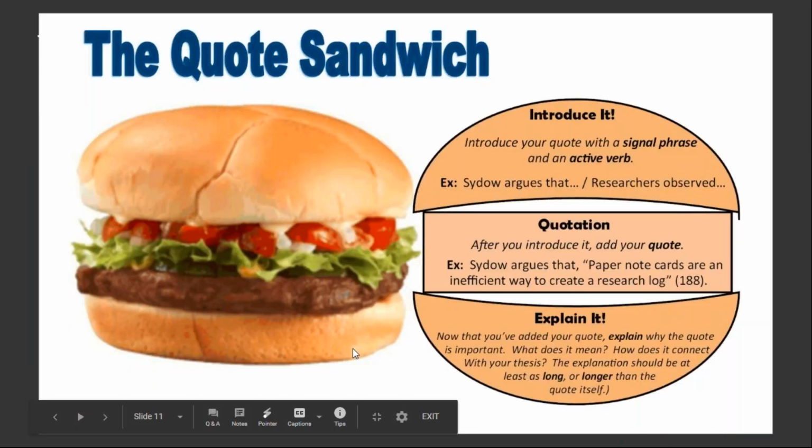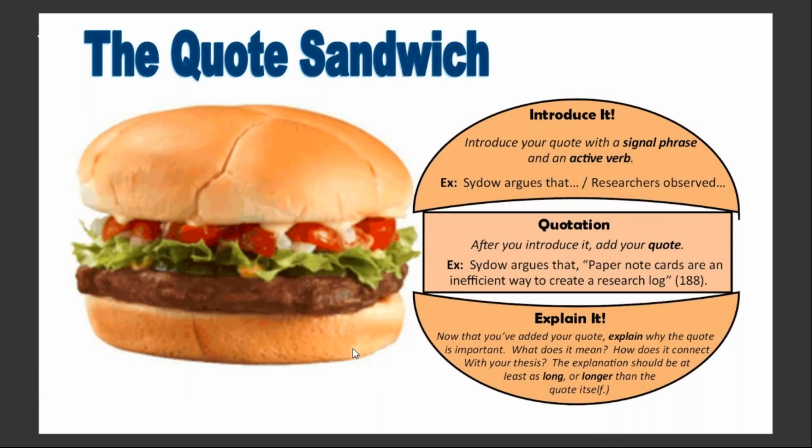All right. So another thing I like to show my students when I'm telling them how to use quotations or implement sources in their papers is the quote sandwich. The top bun is where you introduce your quotation. We don't ever want to start a sentence with a quotation mark. We want to introduce that quotation before we use it.